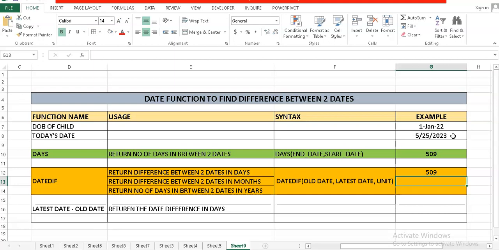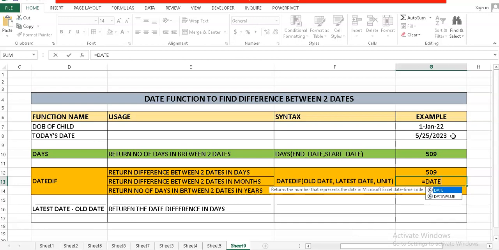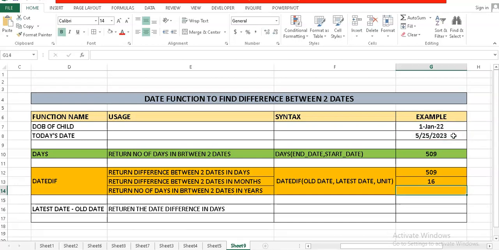Now the same formula I am applying for the months: equal to DATEDIF into the bracket, I have to mention the old date, comma, the current date or the latest date, comma, and the unit is month. For month I'm mentioning the M in double quotes. I'm going to press enter. So it's a 16-month difference.